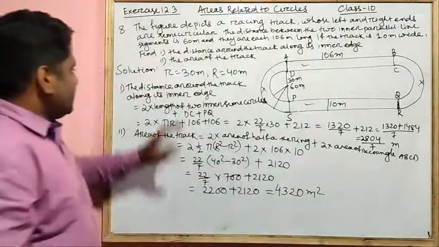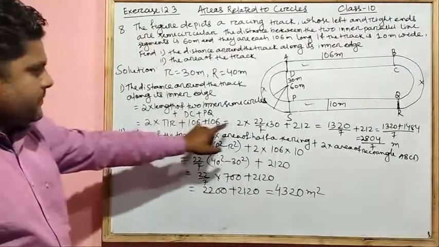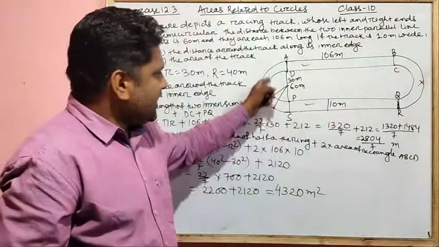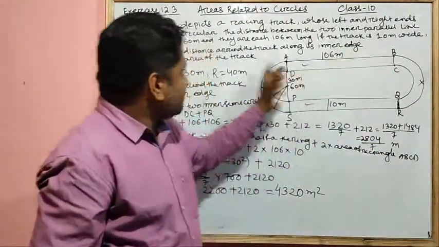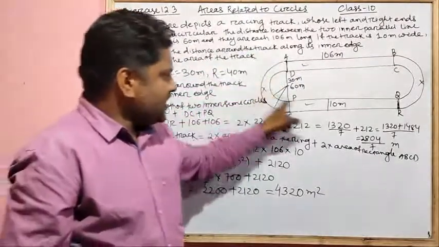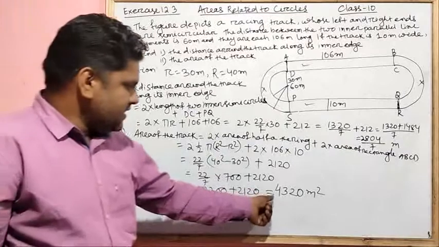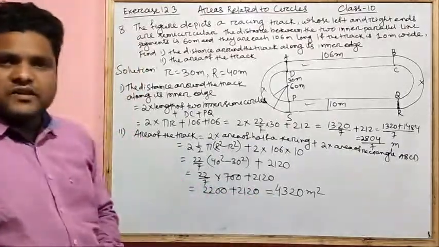So the answer for the first bit will be 2804 by 7 meter. That is the length of the track along its inner edge, and the area of the track, the second bit answer will be 4320 meter square. Thank you.